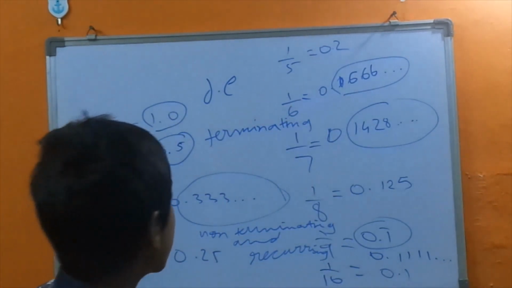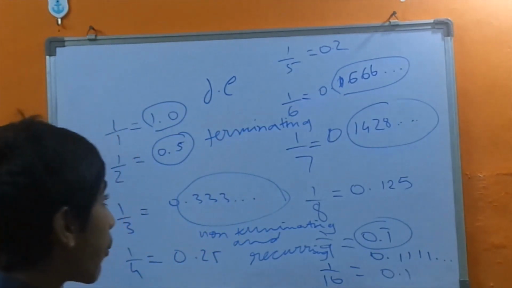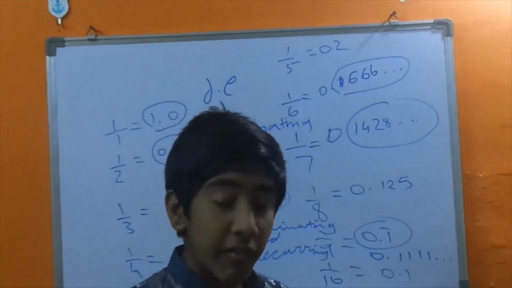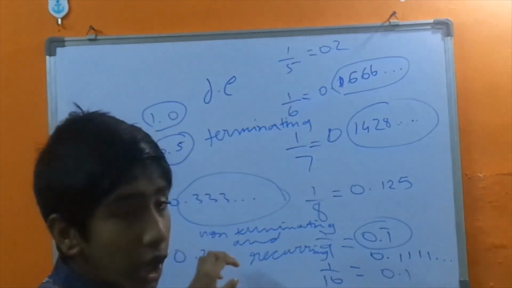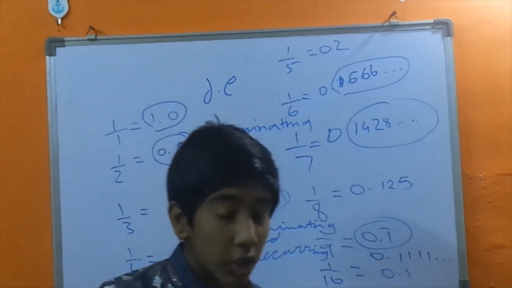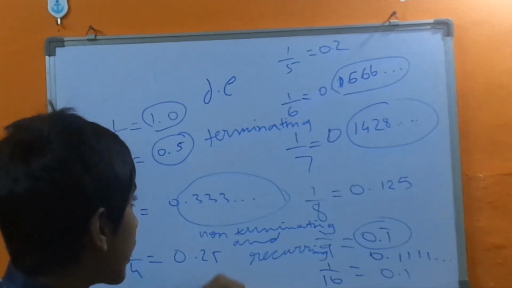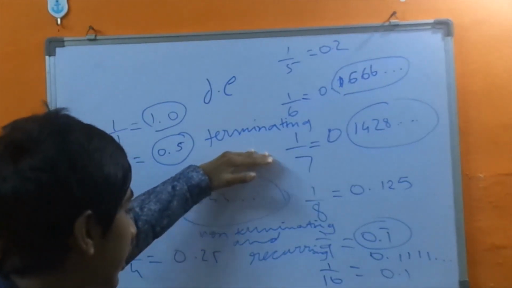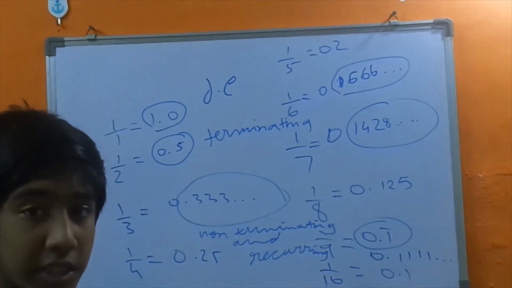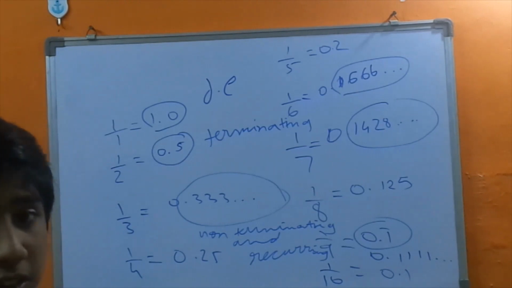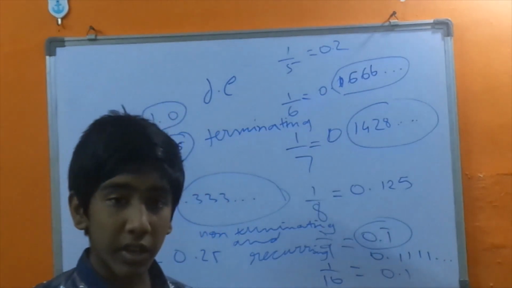So from this we can define rational numbers as the numbers whose decimal expansion is either terminating or non-terminating and recurring. The irrational numbers are exactly opposite to this. It is non-terminating and non-recurring, which means the decimal expansion doesn't repeat itself. So, that is called an irrational number.